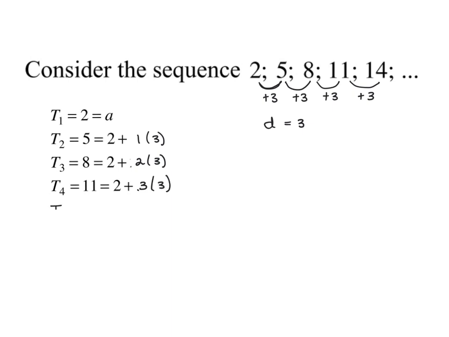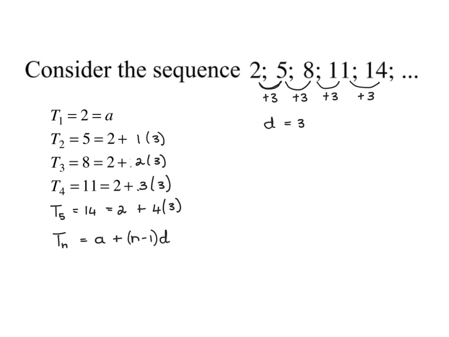To get term number 5, which is 14, you start with term 1 and you add 5 minus 1, 4 constant differences of 3.